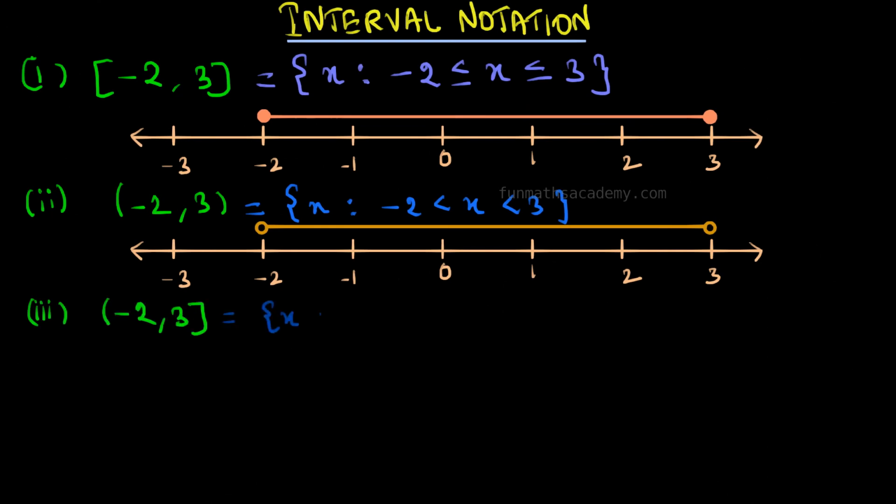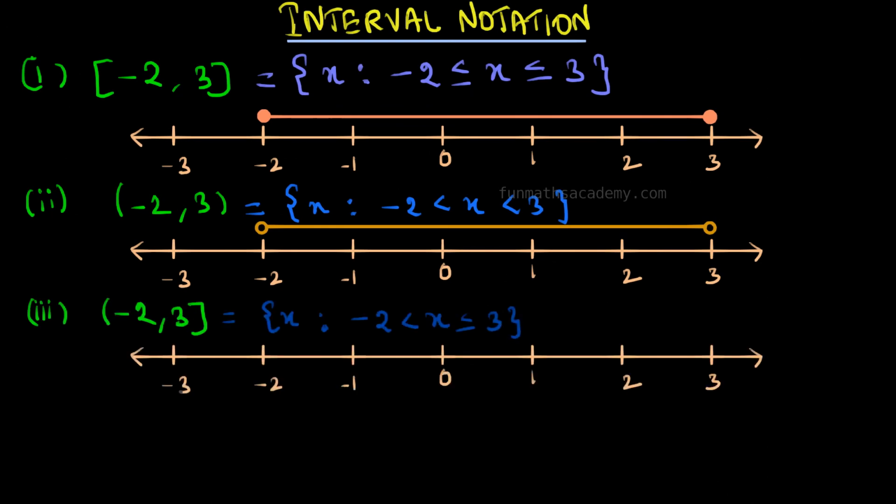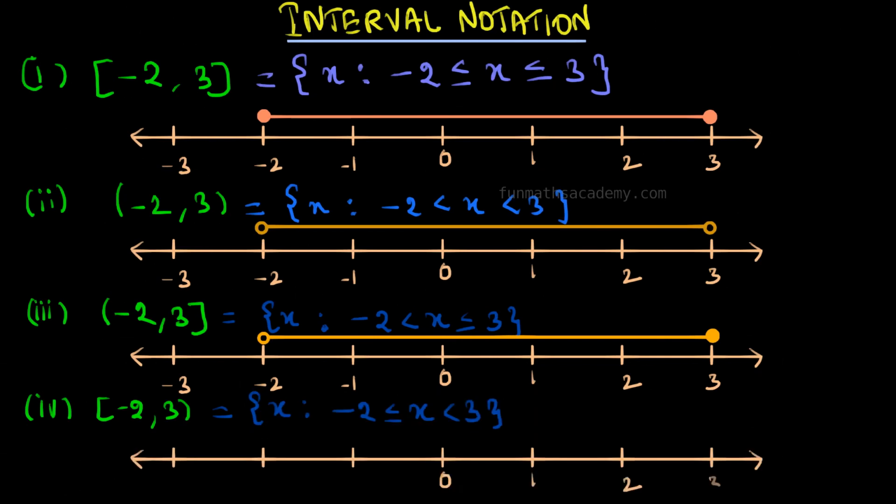The other two are half-open intervals, wherein numbers between -2 and 3 are the elements of the set. The only difference is that the number next to the square brace will be included, whereas the number next to the curved brace will not be an element of that set.